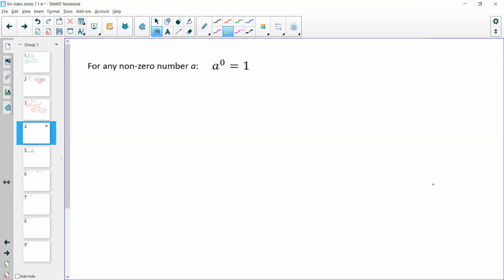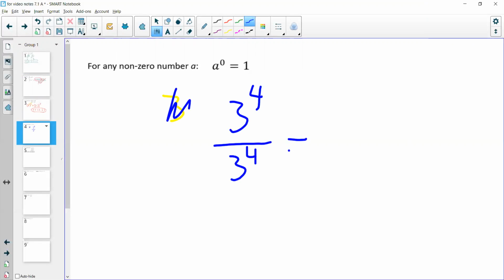Let's take an example of, say, 3 to the fourth power divided by 3 to the fourth power. Now, of course, we know that any number divided by itself equals 1. But we can also use the quotient rule that we just talked about by subtracting the two exponents.